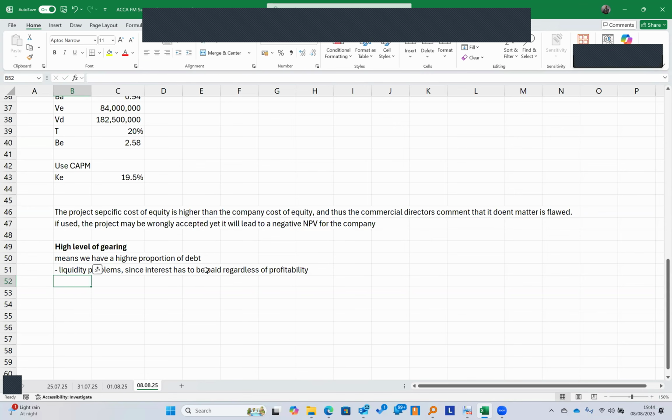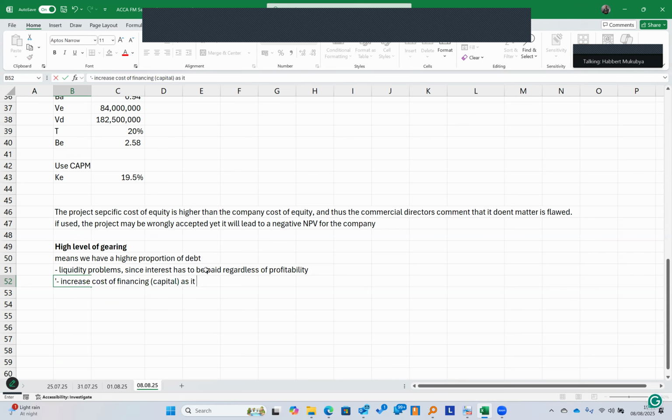When you have a debt, you have to pay interest every year or every month without fail. Even if you have not made profits, even if you have cash flow problems, they will still want you to be able to pay the interest. So it will cause you to have liquidity problems, but also it can increase cost of financing or cost of capital.